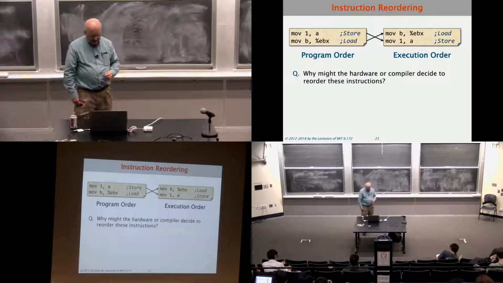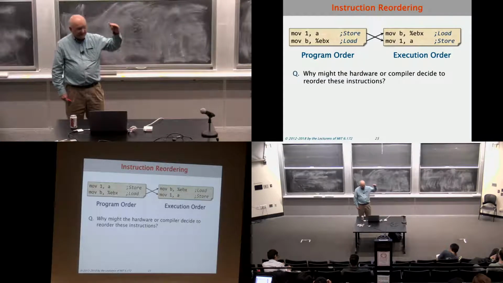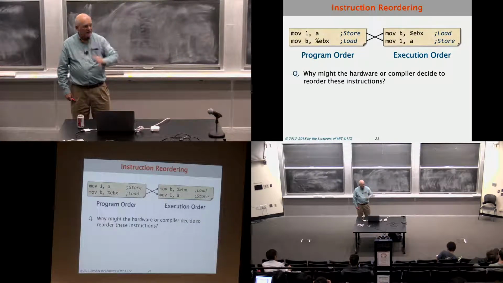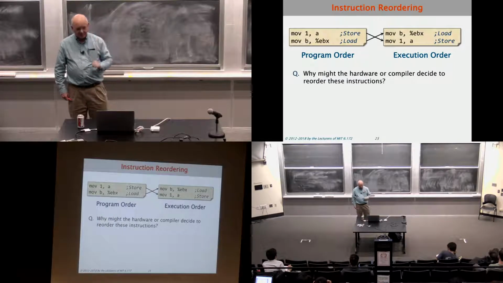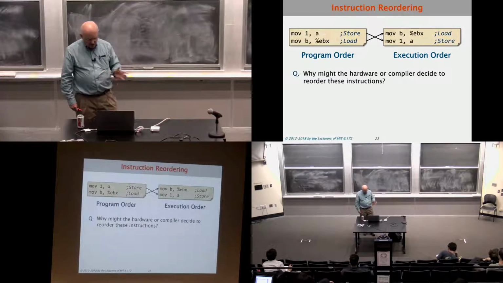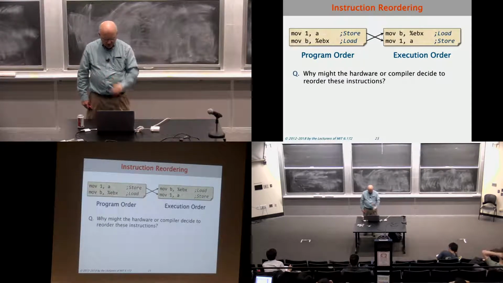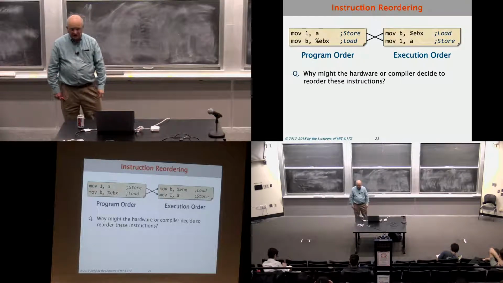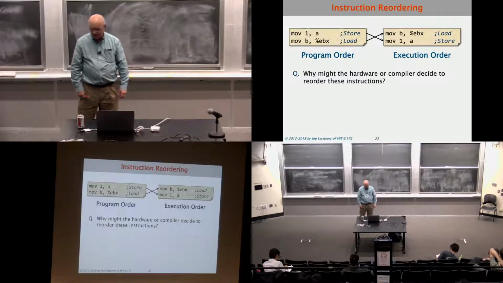I have on the left the order that the programmer specified, and on the right what the hardware did. Or it may have been that the compiler reordered them. Now, why might the hardware or compiler decide to reorder these instructions? What's going on in these instructions? You have to understand what these instructions are doing.